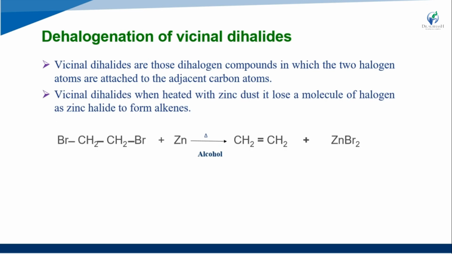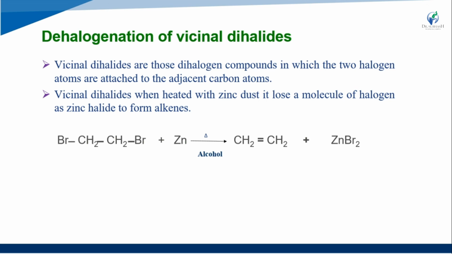Now we study the dehalogenation of vicinal dihalide. Vicinal dihalides are those dihalogen compounds in which the two halogen atoms are attached to adjacent carbon atoms. Vicinal dihalides, when heated with zinc dust, lose the molecule of halogen as a zinc halide to form the alkene.